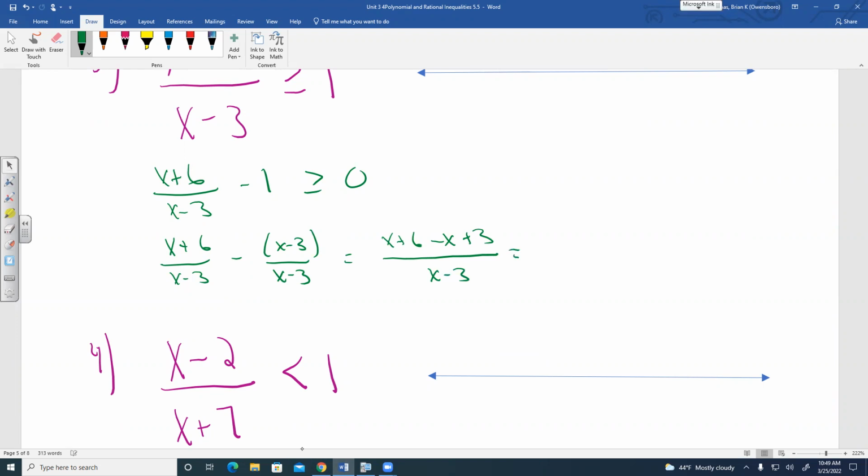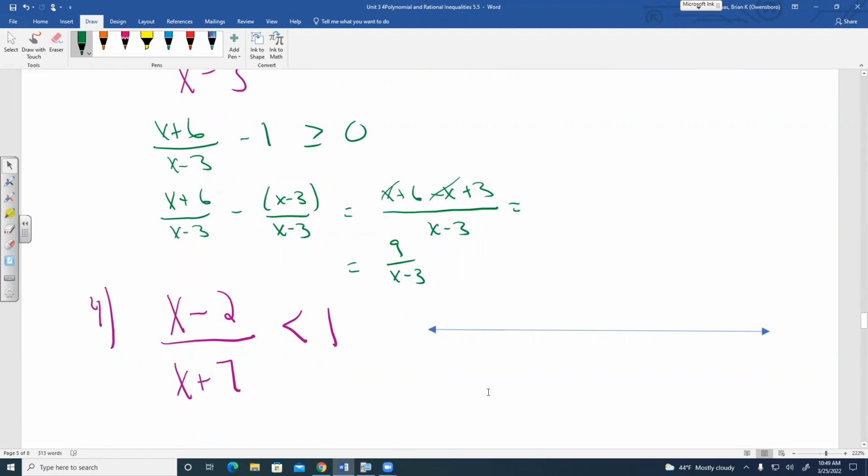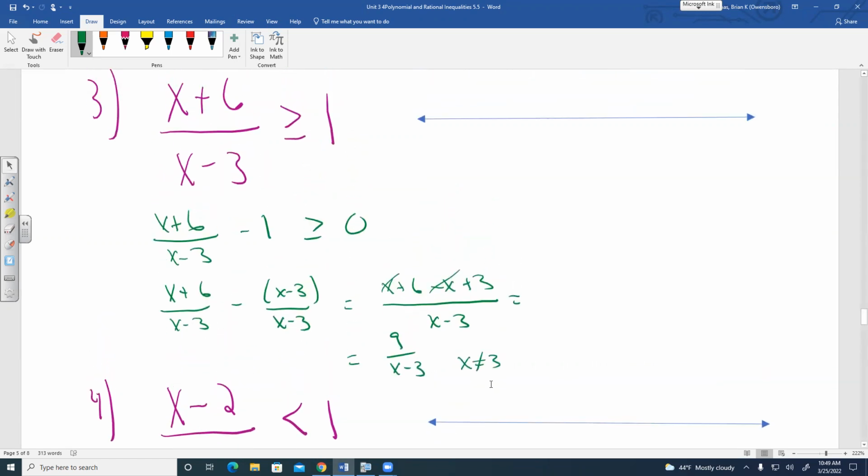So in this problem here, it looks like the x's are going to cancel out, and we're going to get 9 over x minus 3. So it looks like in this one, there's only one thing that we have, and that is a domain restriction. So x cannot equal 3. So that's going to be what we put on our number line is the 3.